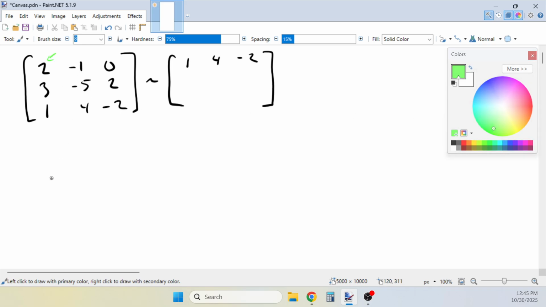To the top row, I'm going to add negative bottom row. And I'll take the next row and add negative. We have -2 plus 2, -8 minus 1, +4 plus 0.